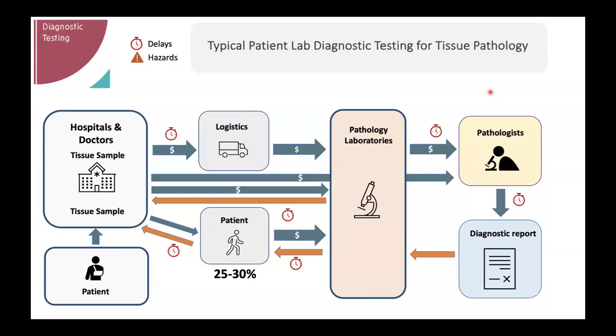There's often delay at the hospital level, releasing the samples to the logistics guys to take to the lab. There's also a delay within the lab. For us lab people, we know that processing the samples can sometimes delay, and that means it takes time for the samples to get to the pathologist's desk.